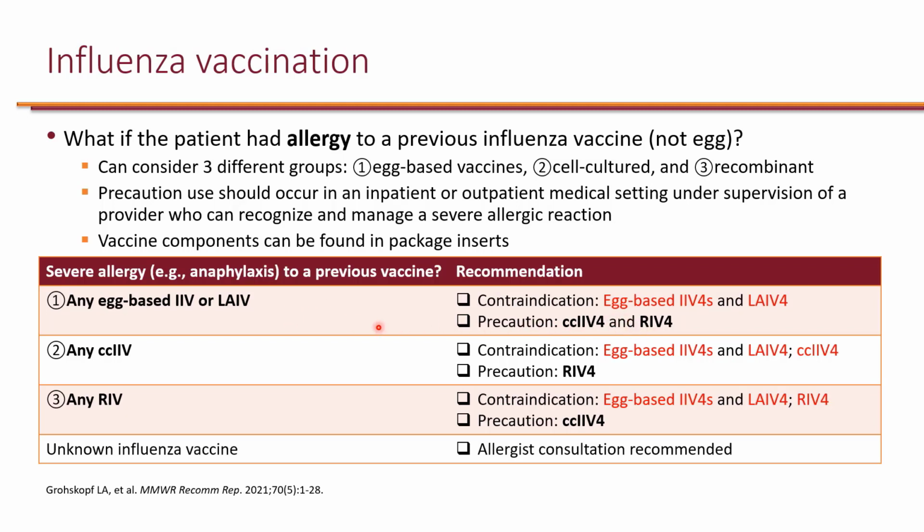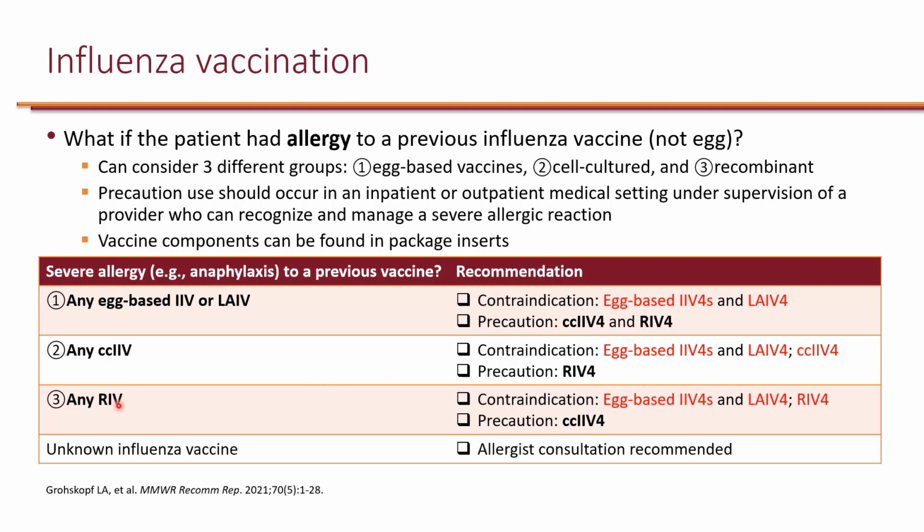This has to do with allergy to an egg-based vaccine. Now, for the second group, if they had an allergy to a cell-cultured inactivated influenza vaccine, any egg-based vaccine is contraindicated as well as the cell culture vaccine. However, they may receive, cautiously, a recombinant influenza vaccine.